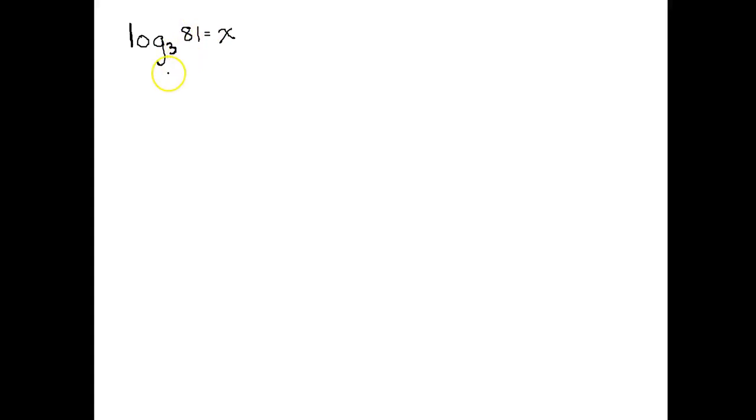But we've got some techniques under our belts now. We can rewrite this log equation as an exponential equation. Base of 3, it equals x, the exponent, and the argument 81 is what this equals. And then this is a type 1 exponential equation. You can work on rewriting both sides so that you have the same base.